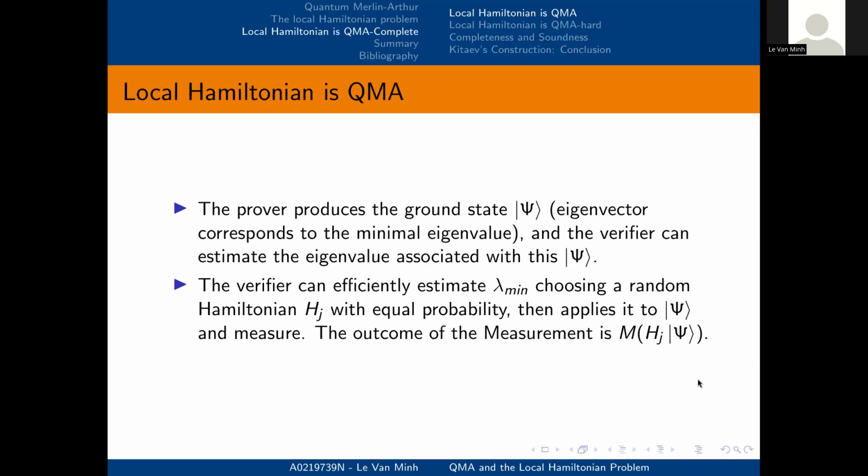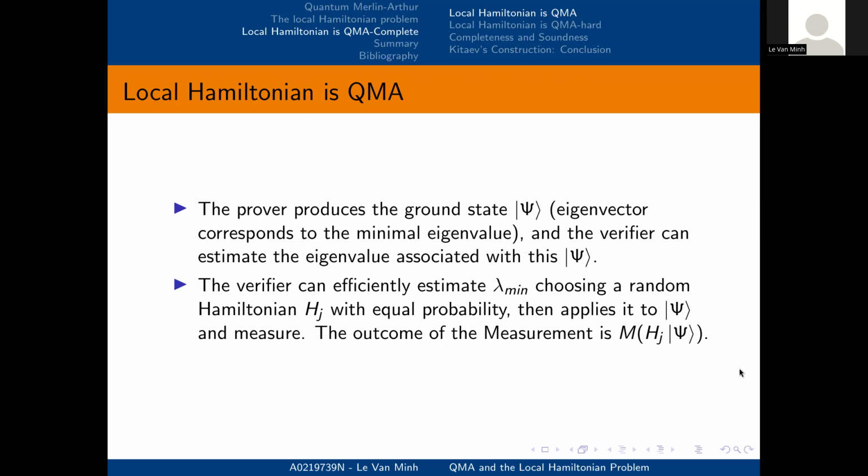Okay, and we will go ahead and try to prove that the local Hamiltonian problem is in QMA. Why are we doing this? We're trying to prove that it's QMA-complete, and in order to be QMA-complete, it has to be in QMA. So how can we translate this into a Quantum Merlin-Arthur protocol?